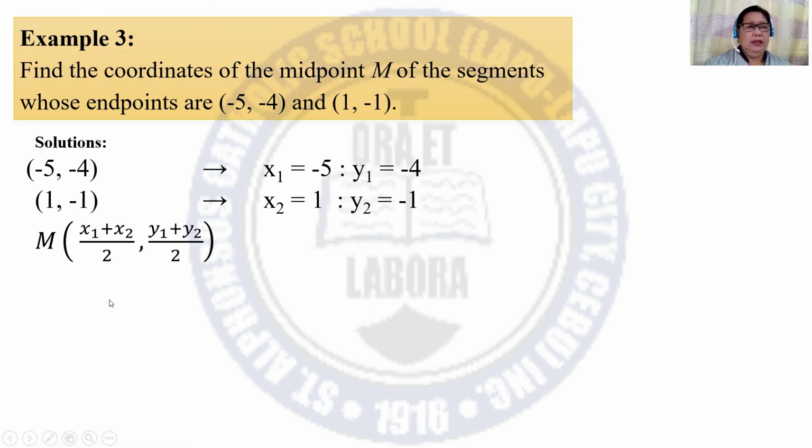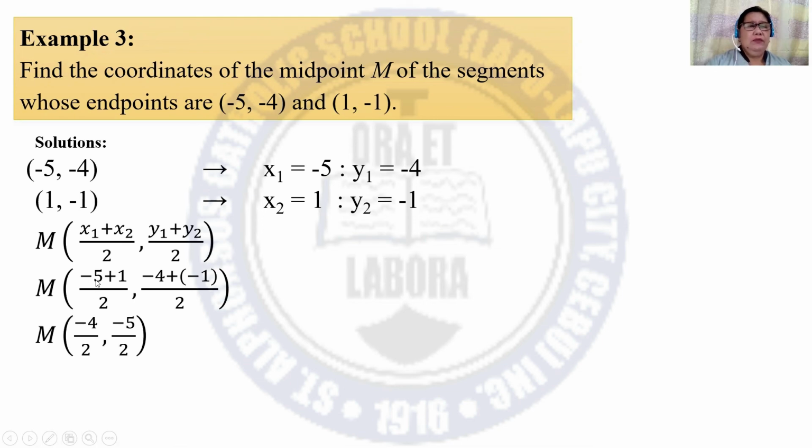Using the formula, substitute the values. So we have -5 plus 1 over 2 and -4 plus -1 over 2. Then -5 plus 1 is -4 over 2, and -4 plus -1 over 2 is -5 over 2. What we have is -2 and -5 over 2. So the coordinates of the midpoint are (-2, -5/2).